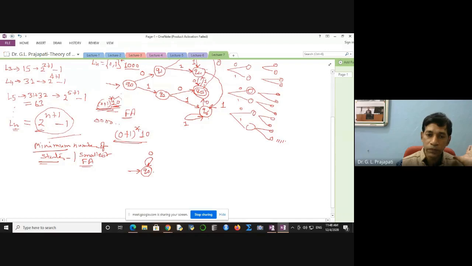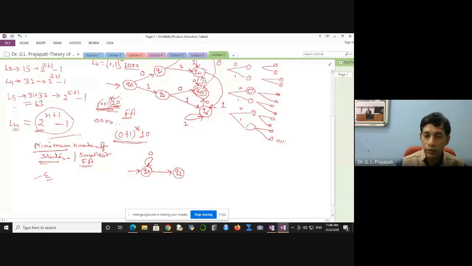So what you need actually, whenever you are at the Q0, I told you that in case of the FA, from every state, you have to give the transition for every possible input. So you are at the Q0, for the 0, you remain in the same state because I don't want to remember the 0. And whenever you are getting 1, you need to transit the state, because you need to remember 1.